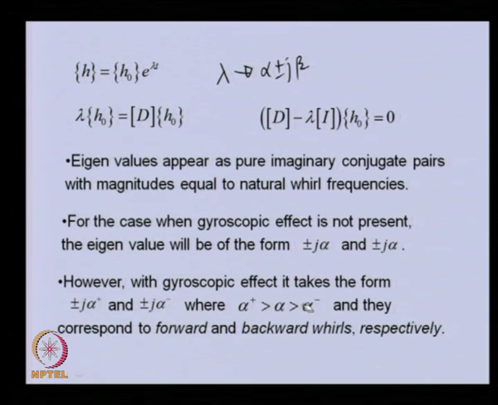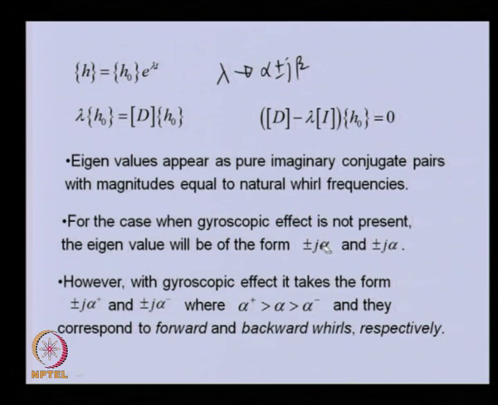So basically what is happening when we consider the gyroscopic effect is that the natural frequencies corresponding to the two different planes, because once we are not considering the gyroscopic couple, these two plane motions are uncoupled. So we expect in the two planes the natural frequency will be the same, but once we have the gyroscopic couple, the two motions are coupled, so we will not have the concept of natural frequency in the horizontal plane and the vertical plane, but we will get a system natural frequency which will be splitting.